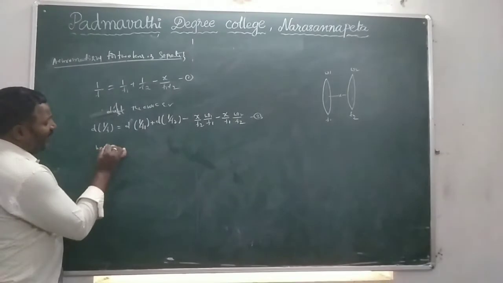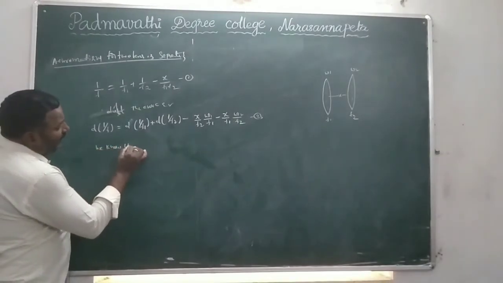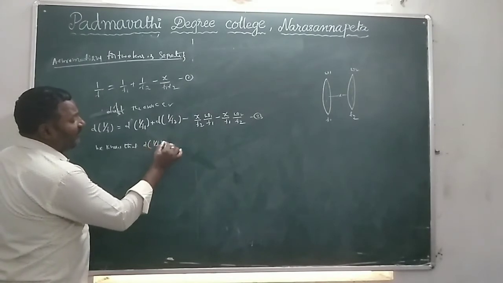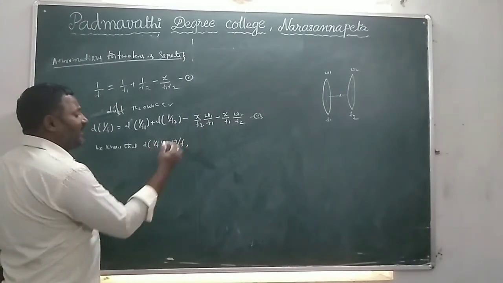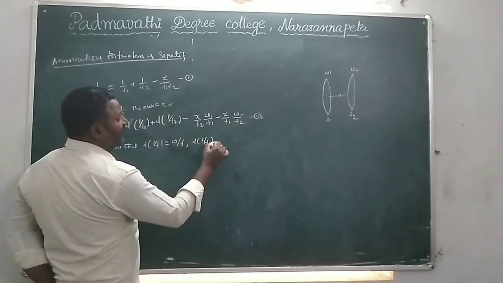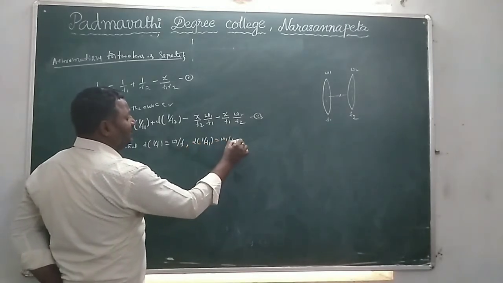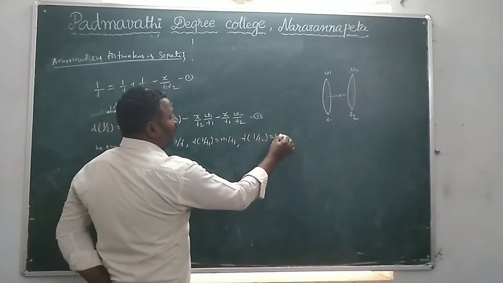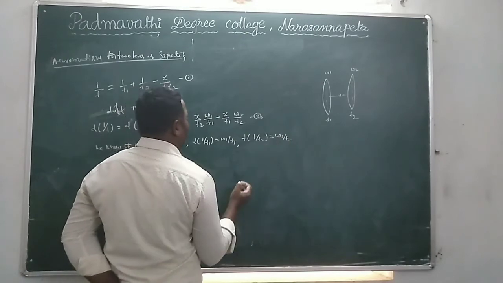Now we consider, we know that d(1 by f) equals omega by f. Therefore d(1 by f1) is equal to omega 1 by f1, and d(1 by f2) is equal to omega 2 by f2.